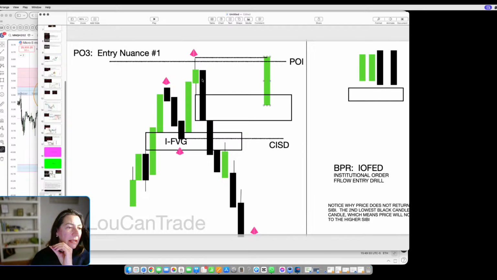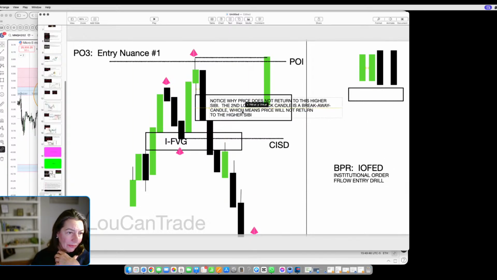But the reality is that when price is moving really, really quickly with very large down close candles, that tells us that price is in a hurry to get somewhere. And so price is not likely to come back here. This second down close candle here, this is a breakaway candle. Okay, so breakaway candle means it's dropping really fast.